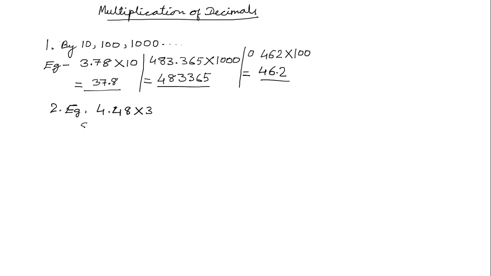In such a situation, what we will do, we will write it as a whole number without the point, so it will become 448 and it is multiplied by 3. So 3 8s are 24, 4 and 2 in hand; 3 4s are 12, 14, so 4 and 1 in hand; 3 4s are 12 and 1 in hand, 13. Now this is the result.